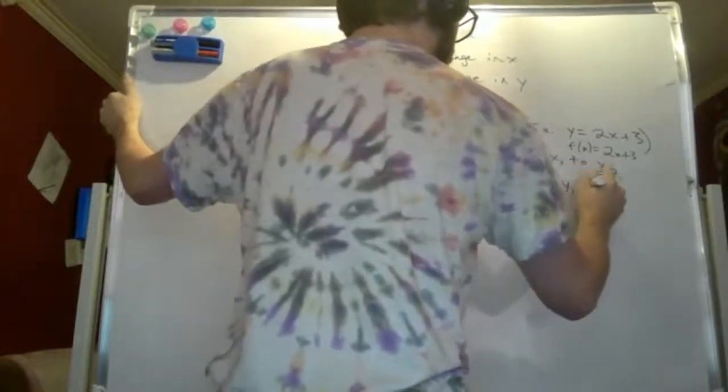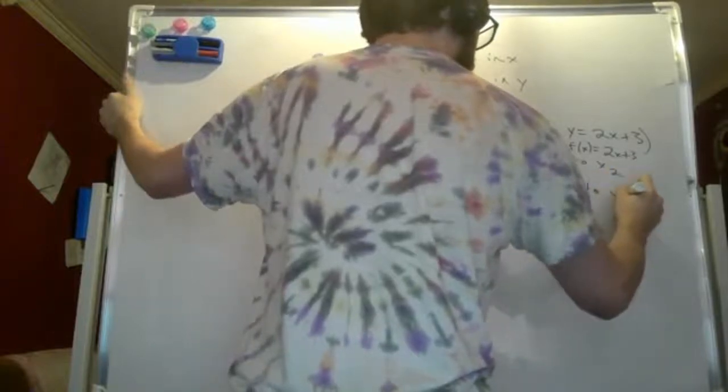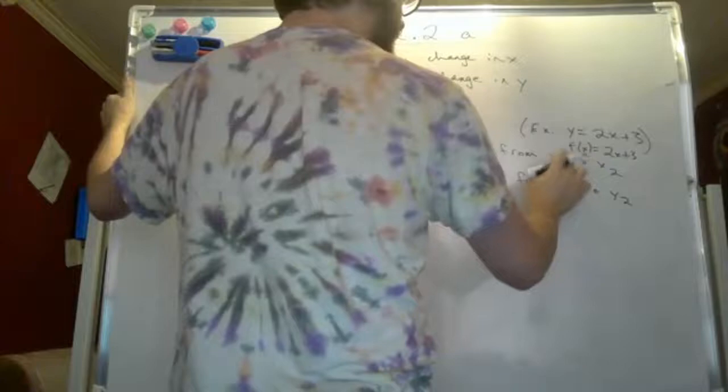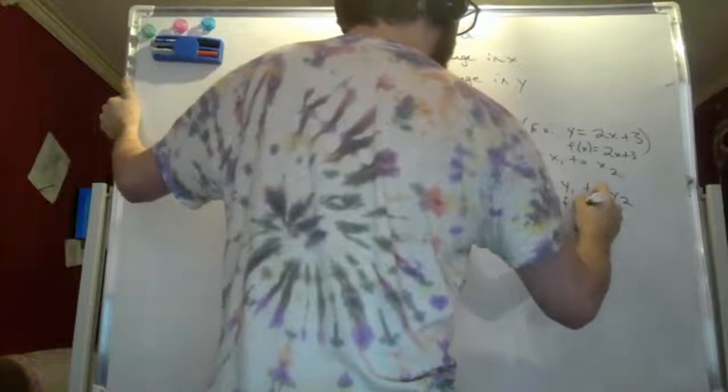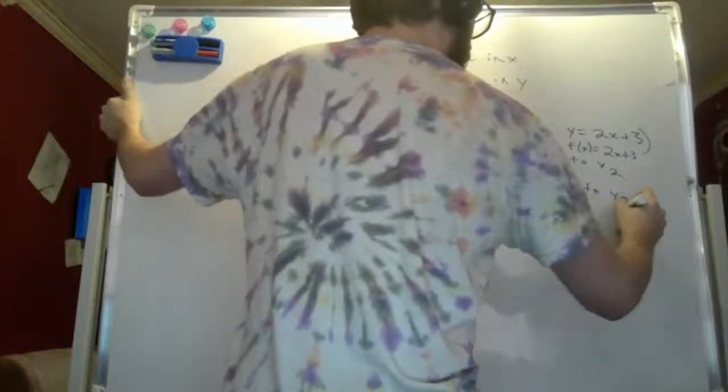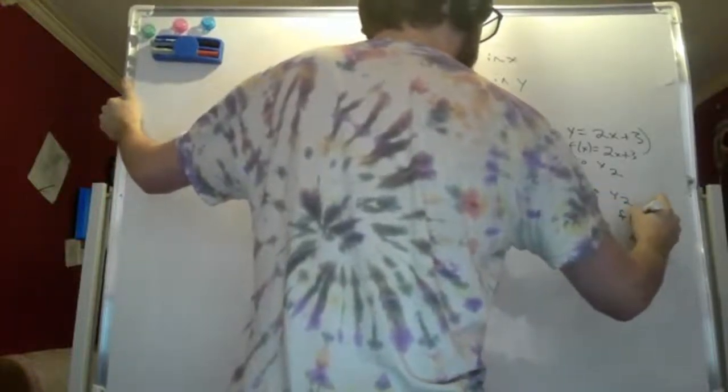from y1 to y2. Now remember, this is a function, so this y1 is actually a result of what you get when you plug in x1. So y1 is equivalent to f of x1, and y2 is equivalent to f of x2.